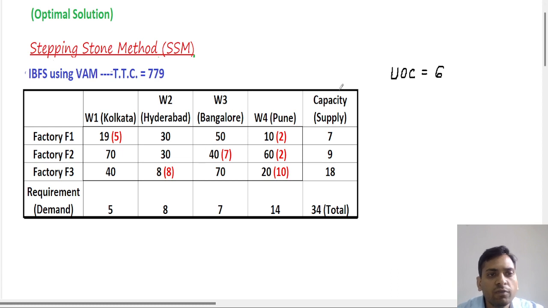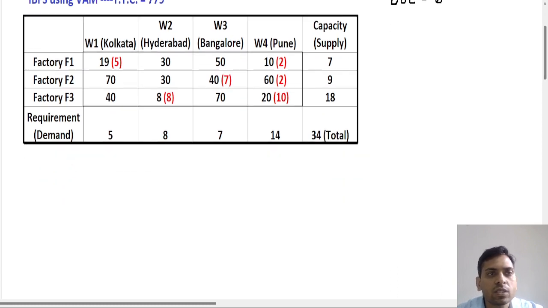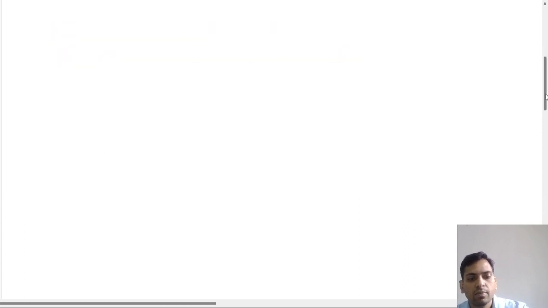Okay. So we will copy this cost table 6 times, as the number of unoccupied cells is 6. So 6 times I will copy this table.